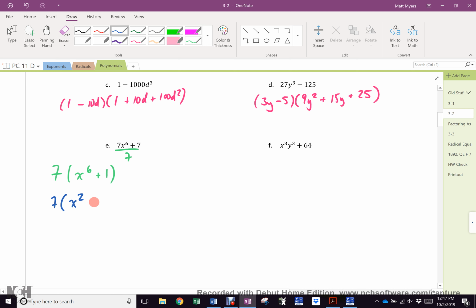X squared plus 1. And then what's this going to be? X to the 4th, because I know my first multiply has to get me to 6, doesn't it? Even if I haven't been given that formula thing, you know that this has to be x to the 6th.